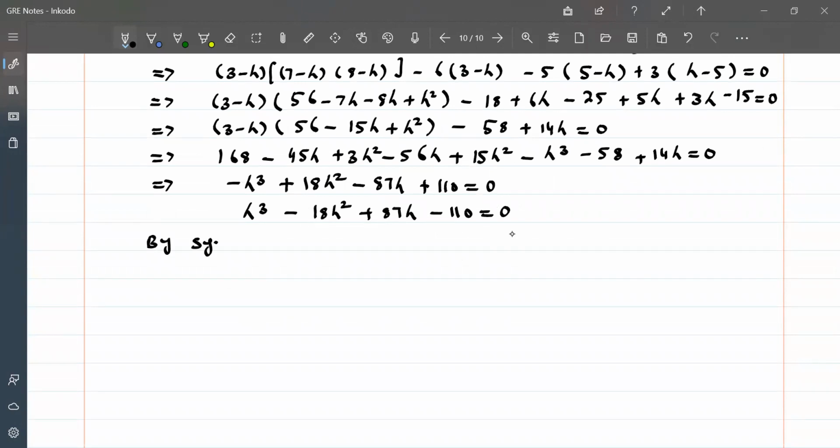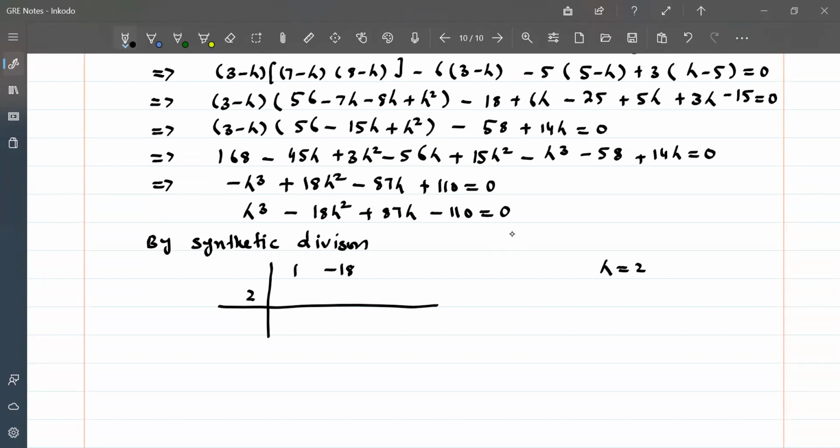By synthetic division, here we will choose lambda is equal to 2, for example, and we have here 1, minus 18, 87, and minus 110. I choose 2 because if we put 2 in the equation, it will satisfy the equation.